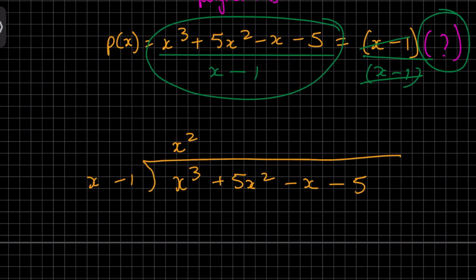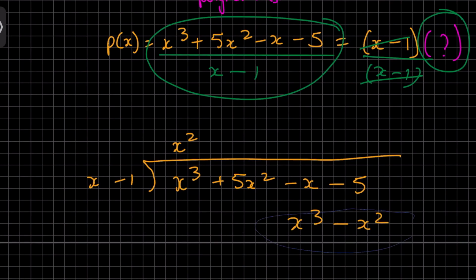Now we will use this x to the power of 2 and expand it into our denominator. So this would be x to the power of 2 times x minus 1, which should give us x to the power of 3 minus x squared.